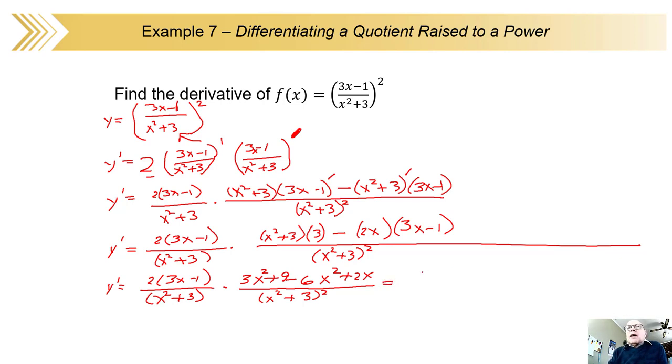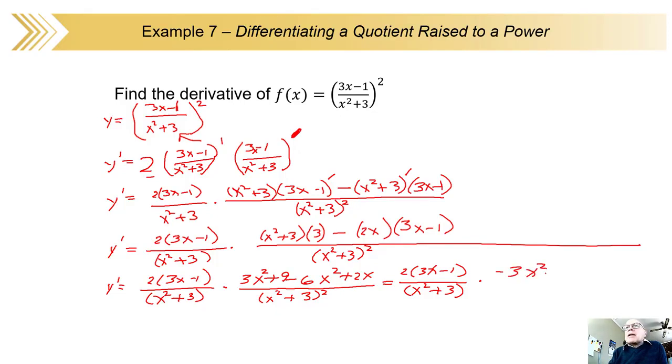Okay, let's see what we've got. We've still got the 2 and 3x minus 1 on the top, and we've still got the x squared plus 3 on the bottom. What do we have over here on the right? Well, we've got 3x squared minus 6x squared. That's a minus 3x squared.